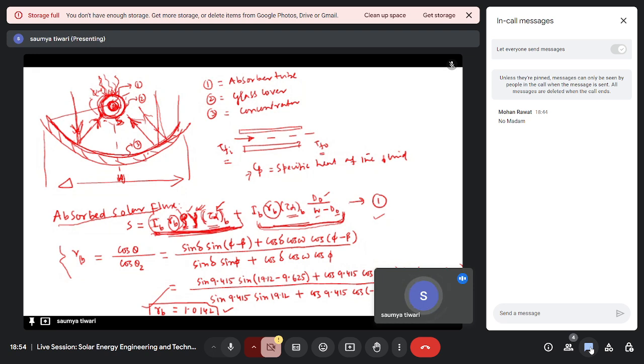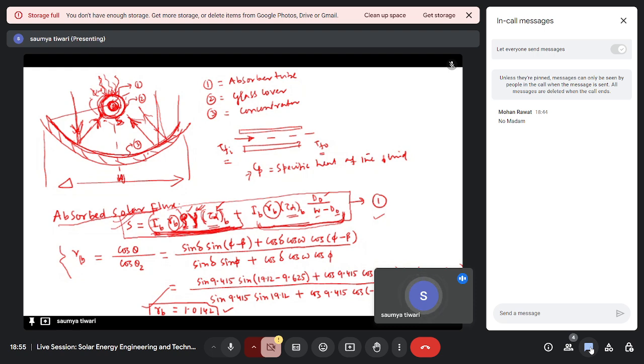Since we are talking about solar flux, if you multiply it by W by D naught, then we get the whole energy value, right? So this is the absorbed solar flux equation. You can remember it, or you can understand how this equation is written.